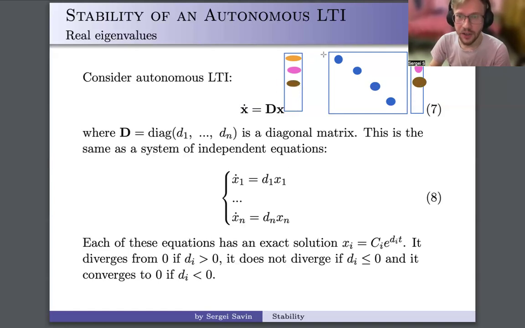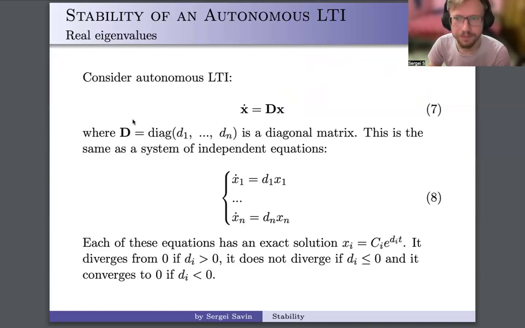So x1 only multiplies this element. It does not include itself in any other equation. x2 multiplies this element, and it doesn't appear in any other equation. When you multiply them, you get x1 dot equals d1 x1, x2 dot equals d2 x2, and so on. Okay. So equation 8 is the same as equation 7, just written as a system of independent equations.